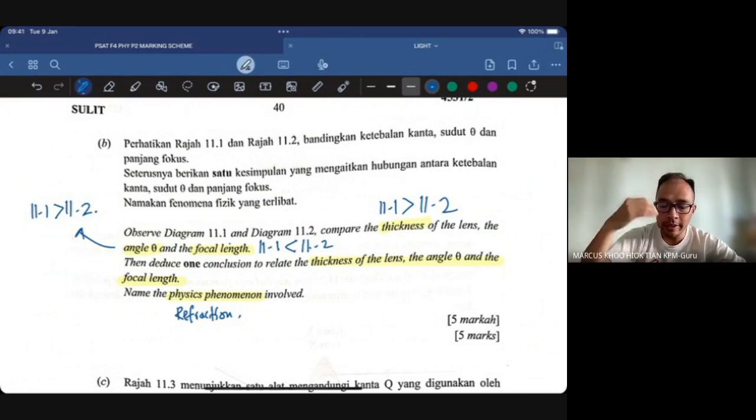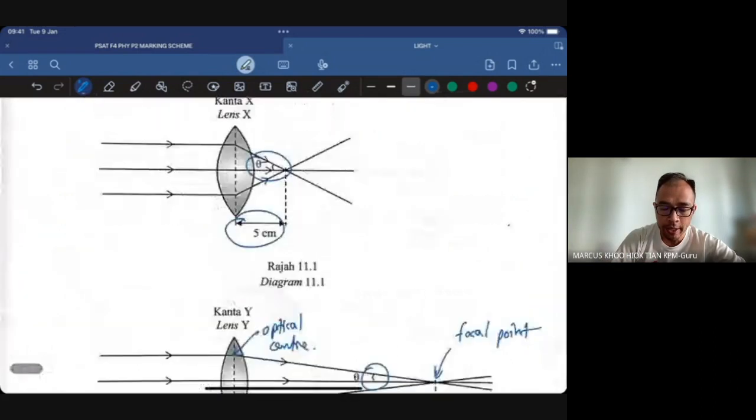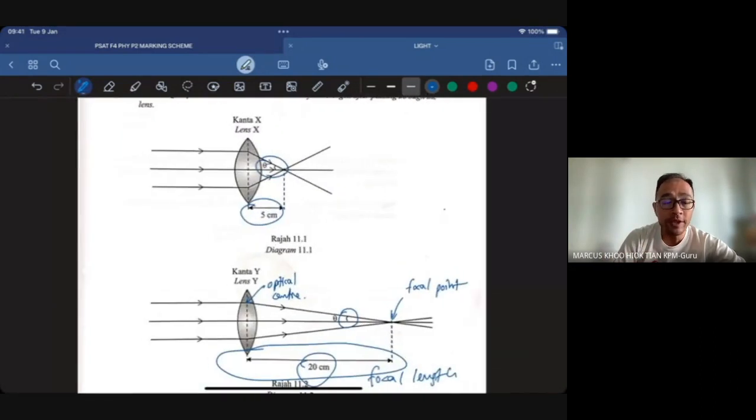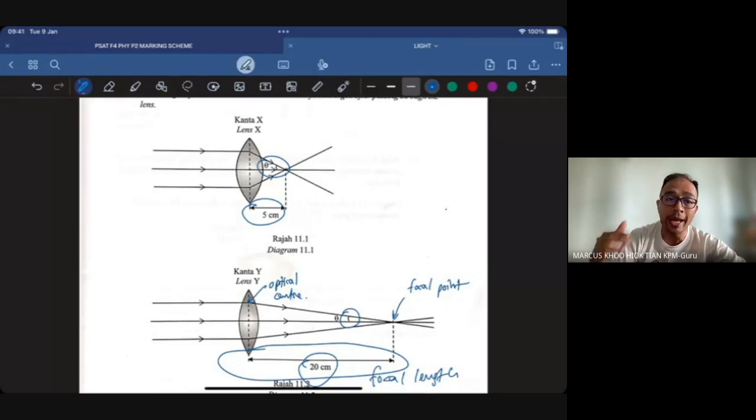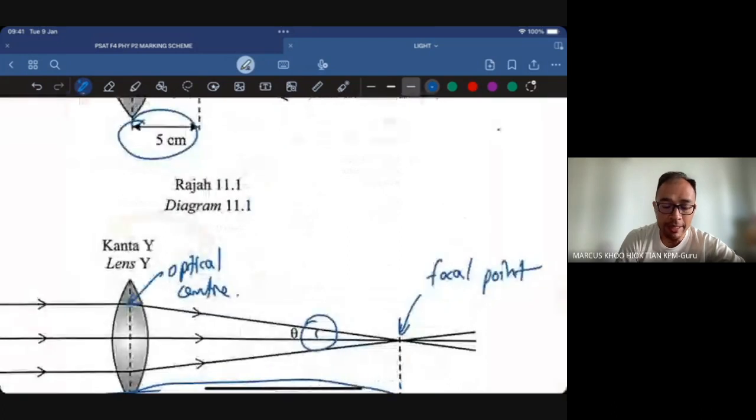So: the thickness of the lens, the angle, and the focal length. What is most obvious is that the focal length and the angle depend on the thickness of the lens. That means the thickness of the lens is the determining factor. It's not the angle, because the angle is after it passes through the lens. The focal point also is after it passes through the lens. So what influences it is the thickness of the lens.